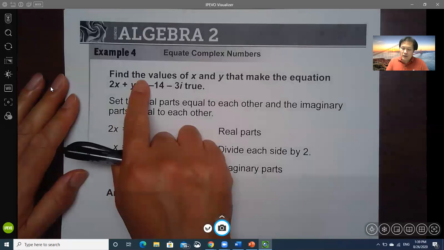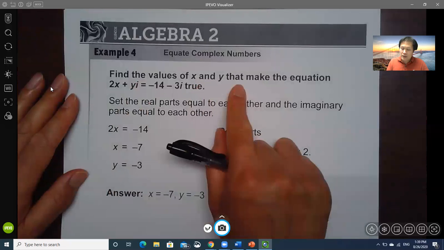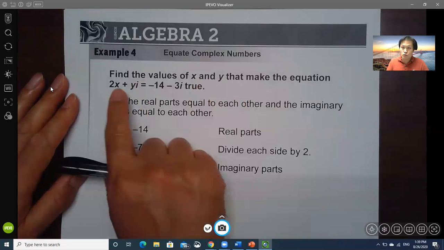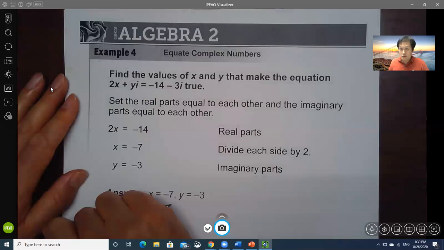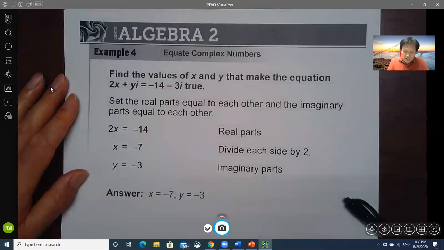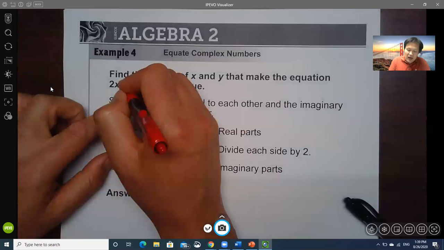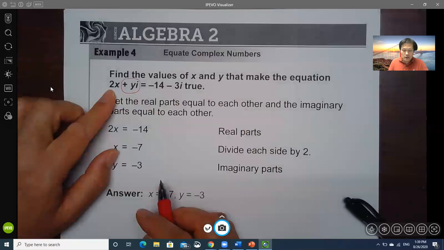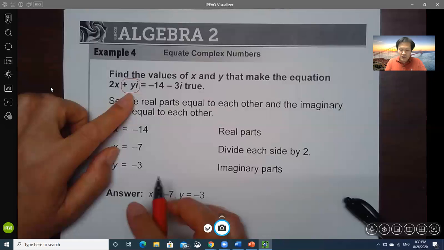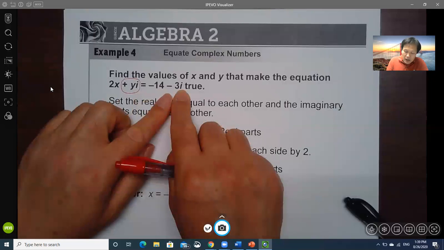Find the values of x and y that make the equation true. Very simple. 2x plus yi, okay, what's the key? i. One side doesn't have i, the other does. Equal to minus 14 minus 3i. i is the key.